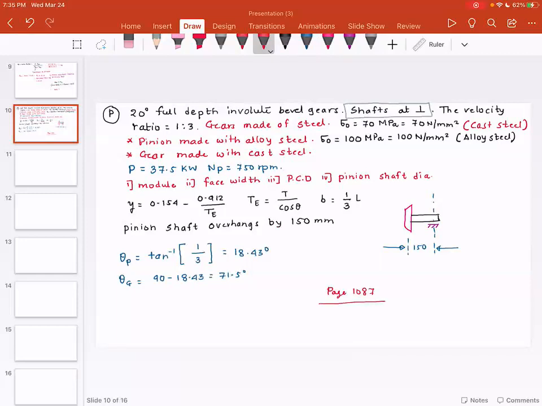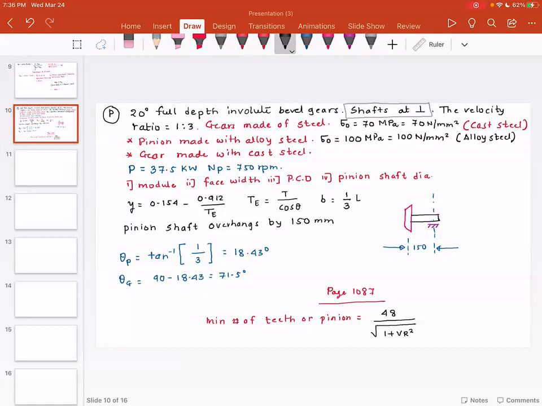And here there is a guideline that the minimum number of teeth on pinion is equal to 48 divided by square root of 1 plus VR square.